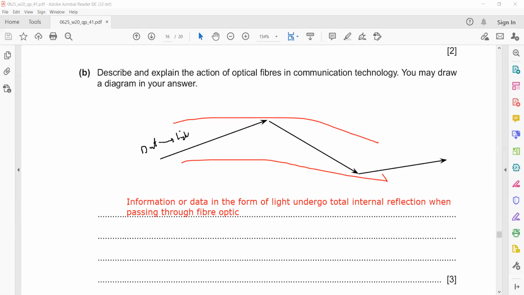So when you mention that light is traveling in optical fiber, total internal reflection will take place, and light carries information. These are the terms which score marks.